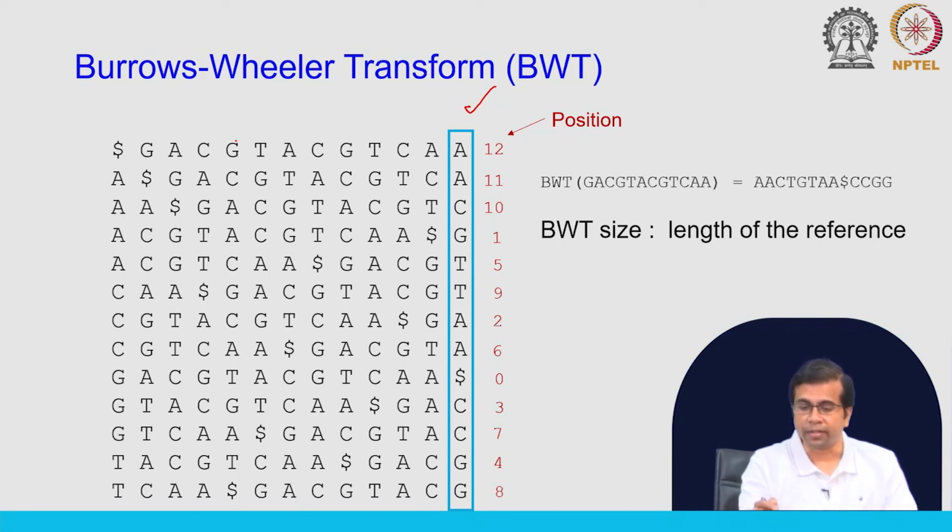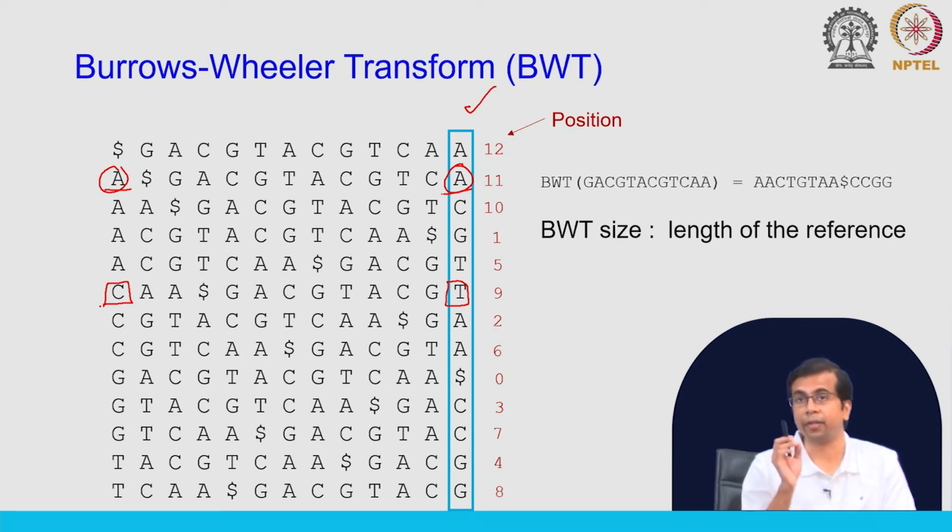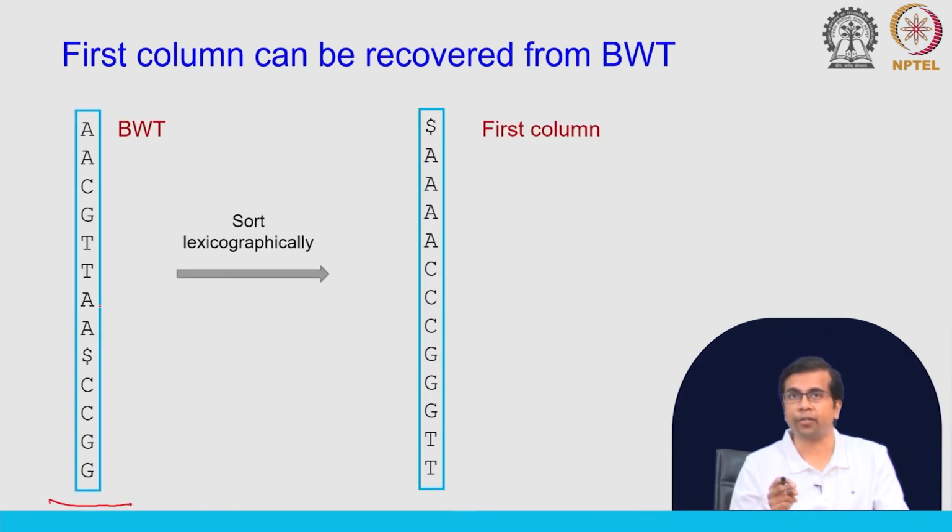When we are doing the string rotation, if you look at this string, this is the letter that is before this A. This A is before this A here in the reference sequence. Similarly, if you take this example for this string, this T occurs just before this C in the reference sequence. So, the string rotation actually means this: we can map the letter that is before this letter in the first column. This is what we are getting here.